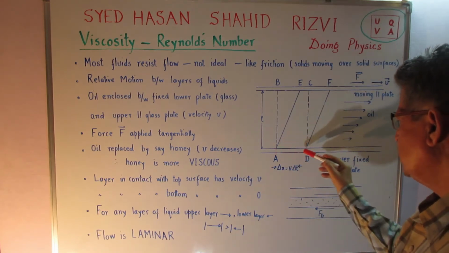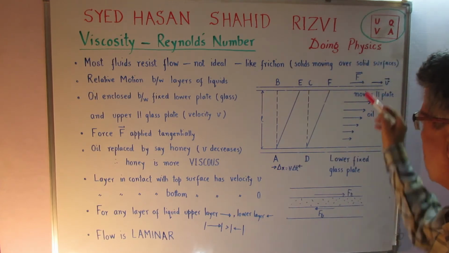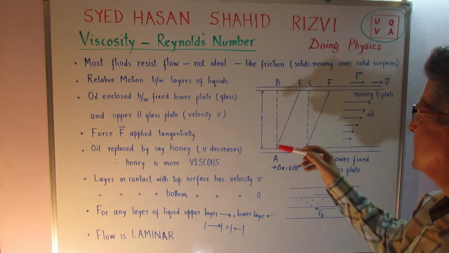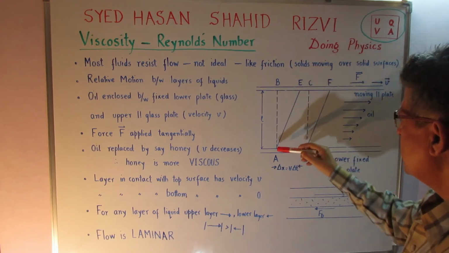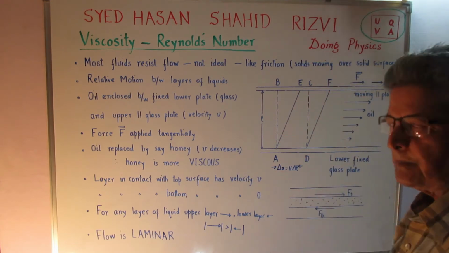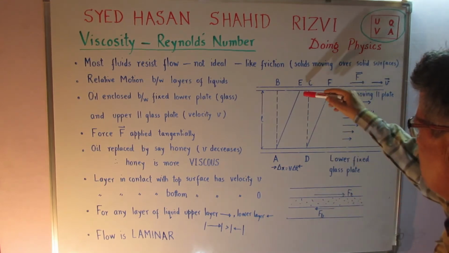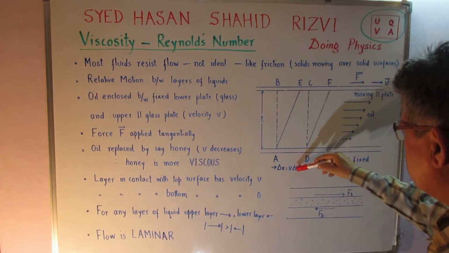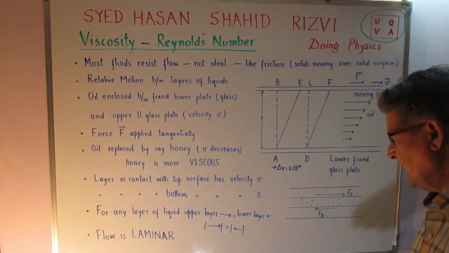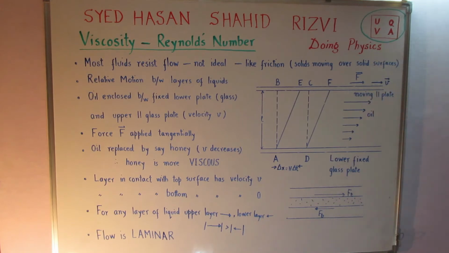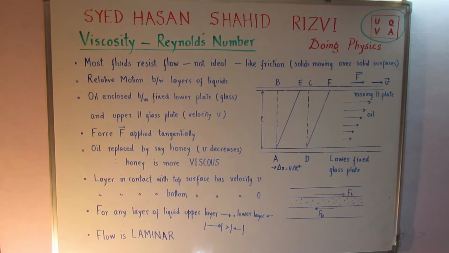The initial position is A, D, C, B. And when this force is applied here, the position becomes A, E, F, D. Okay, this position is obtained, and between this point I'm taking here and this point, there is a shift of delta x, which is equal to the velocity times delta t, the time for which it is being applied.